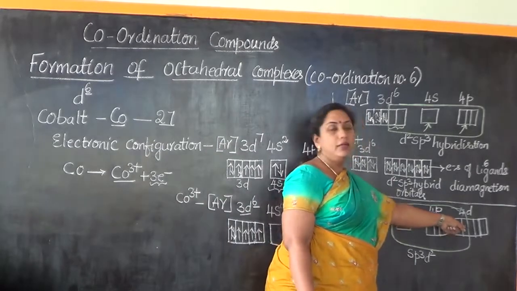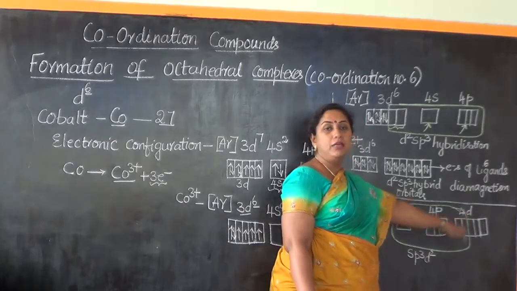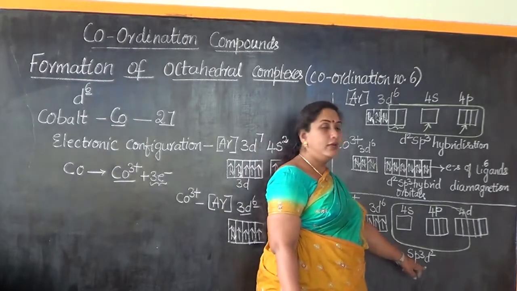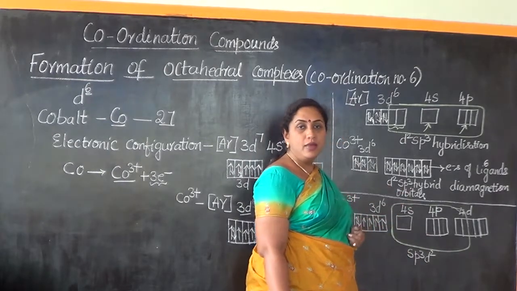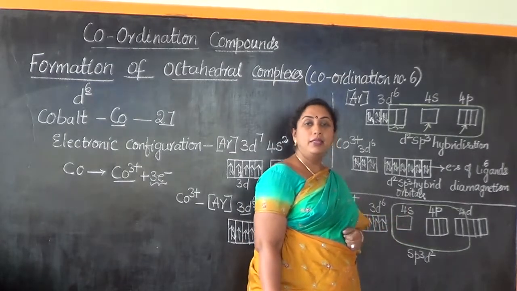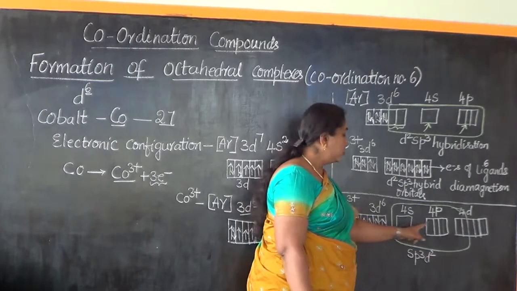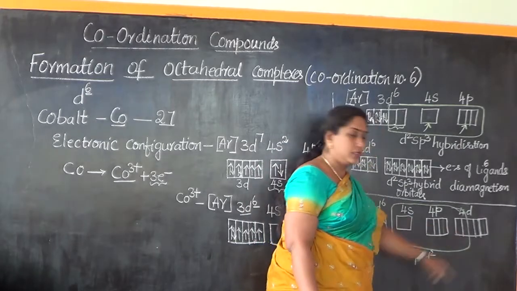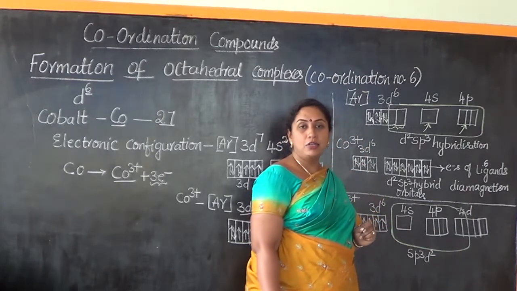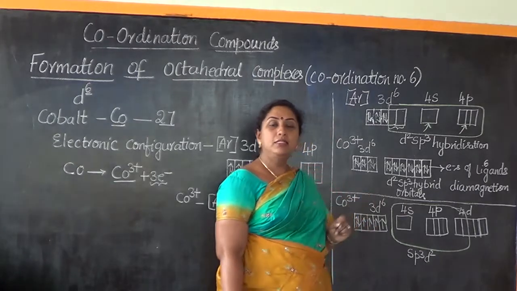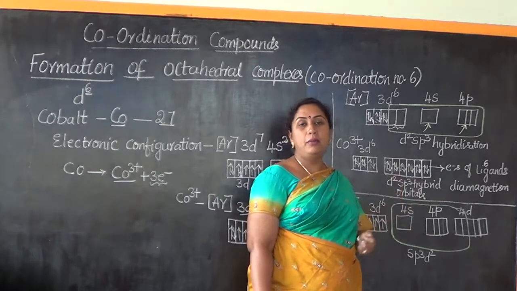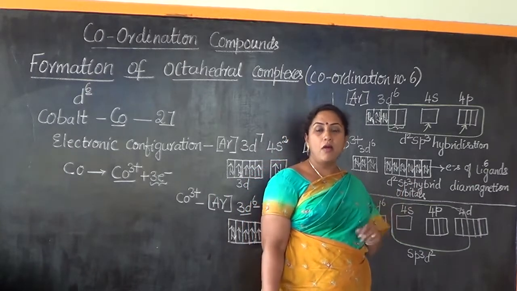Instead, they will take the d orbitals which are empty from the 4d energy level, forming sp3d2 hybridization and 6 sp3d2 hybridized orbitals. 1, 2, 3, 4, 5, 6. So it results in the formation of 6 hybrid orbitals, and each is called an sp3d2 hybrid orbital.